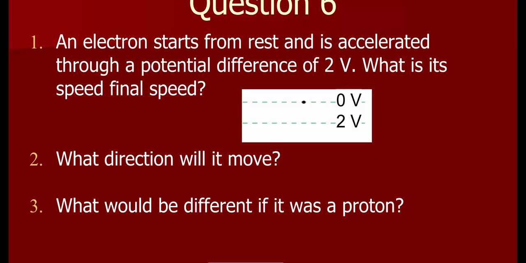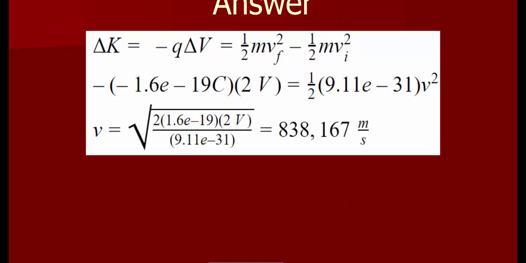So first of all, what's the energy that it's going to get? 2 electron volts. Boom. There's a negative and a negative, it's a positive, so you have 2 electron volts. So that's how much kinetic energy it's going to gain. But we got to convert that to joules by using 1.6 times 10 to the negative 19. So we got that.